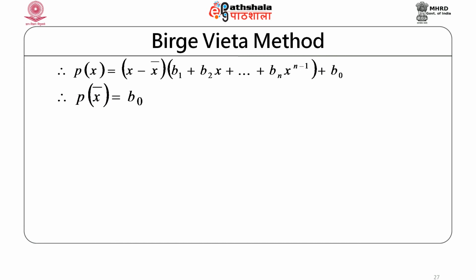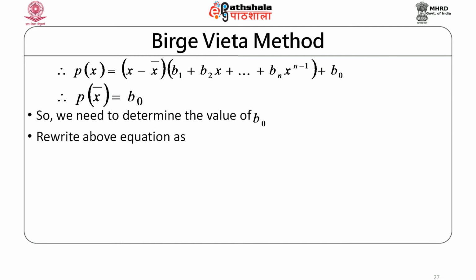In this formula, if I put x equal to x bar, the first term becomes 0. So, p of x bar is b 0. In other words, if I need the value of the polynomial at the point x bar, it is nothing but the remainder on division of p x by x minus x bar.